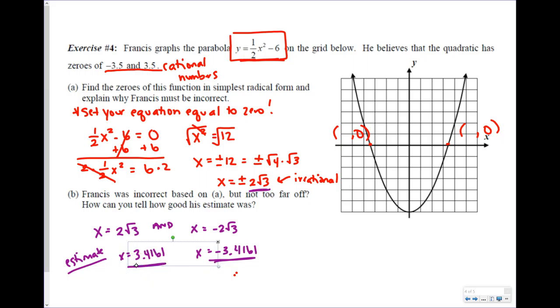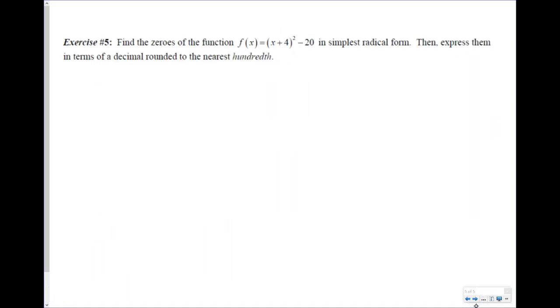Okay? So let's take a look at our final exercise for this lesson. Find the zeros of the function f of x equals x plus 4 squared minus 20 in simplest radical form. Then express them in a decimal rounded to the nearest hundredth. Alright, so I'm going to rewrite my expression.